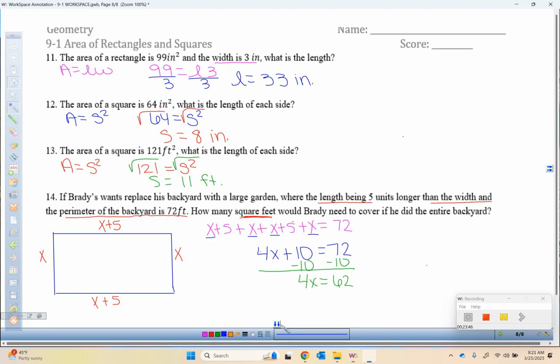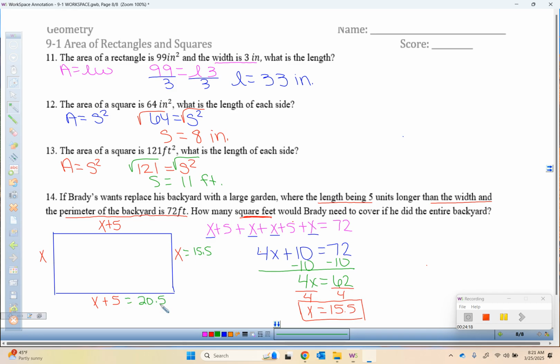One more step to find X: divide by 4. X equals 62 divided by 4, which is 15 and a half, 15.5. So this side is 15.5. What's this side down here then? 15.5 plus 5, so this is going to be 20.5.